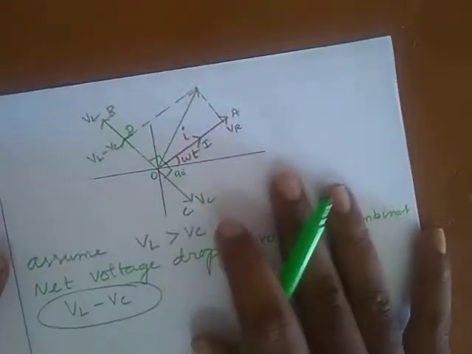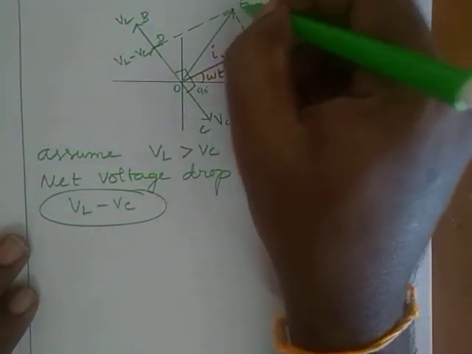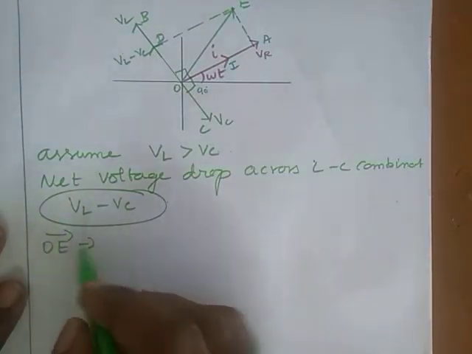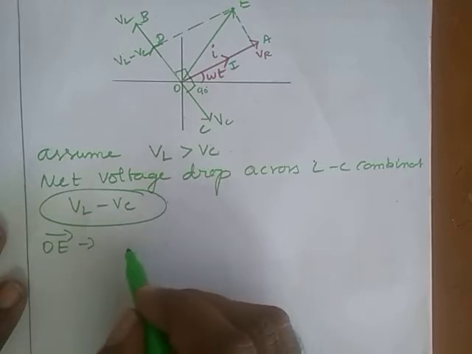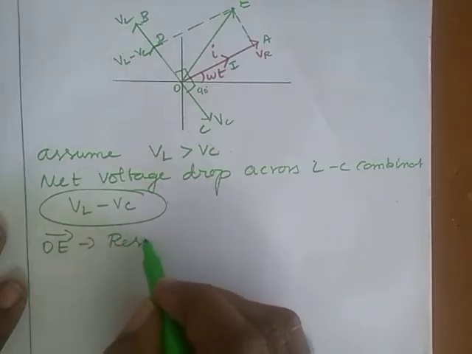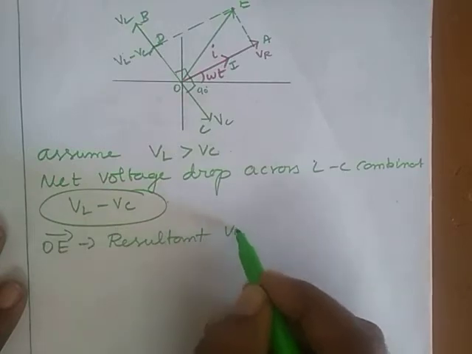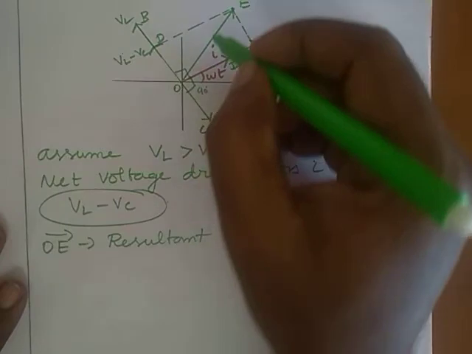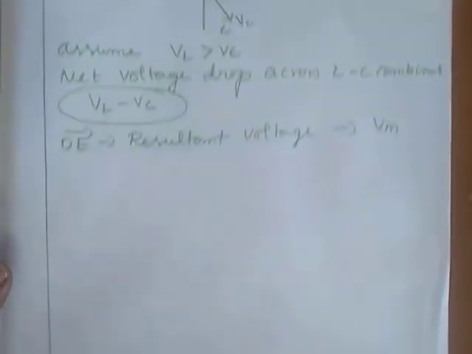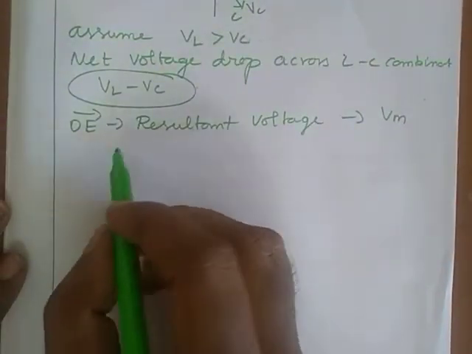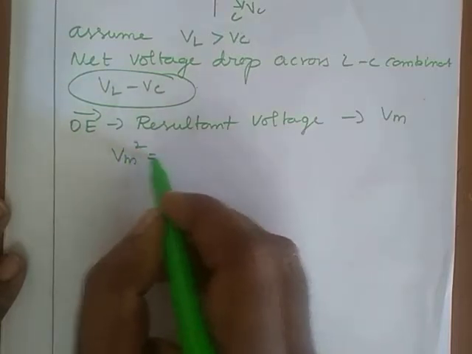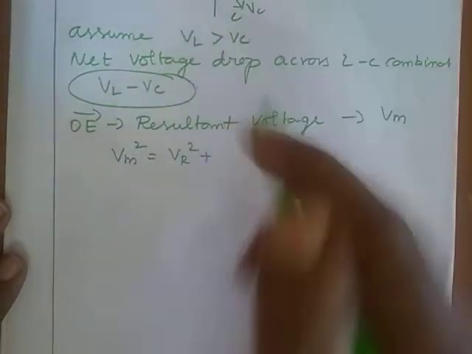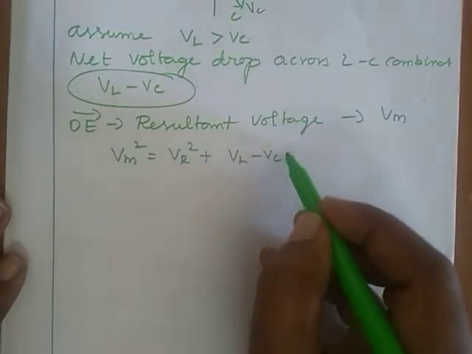This diagonal is named OE. This OE phasor is the resultant voltage, having magnitude Vm. The length of this one is Vm. So by the law of parallelogram, we can write Vm square is equal to VR square plus VL minus VC whole square.